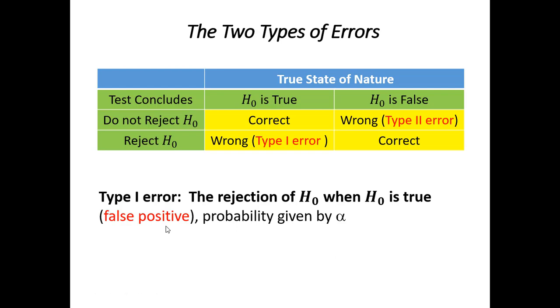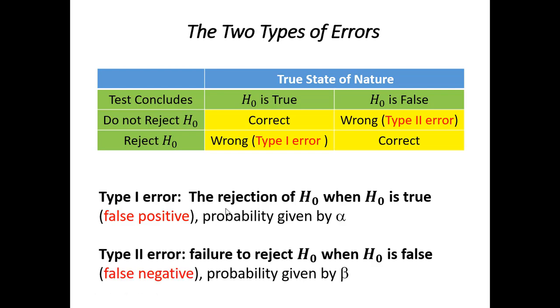The idea with medical testing is a test returns the result that there is an issue, or some condition exists, when in fact it does not. Okay, so that's a type 1 error, false positive. As we progress throughout this video, we will use alpha to represent the probability of making a type 1 error.